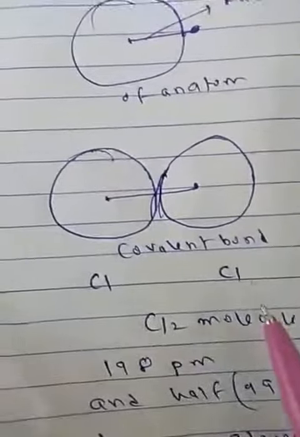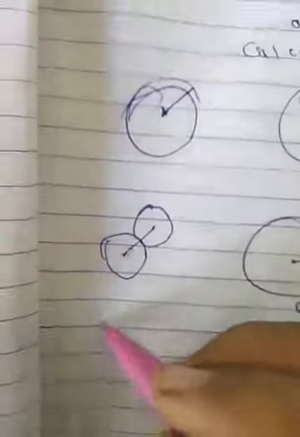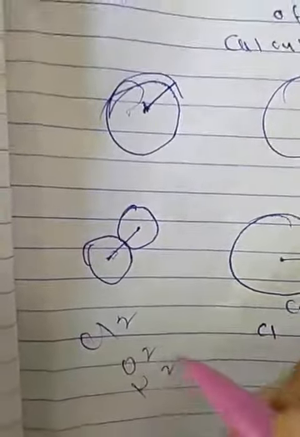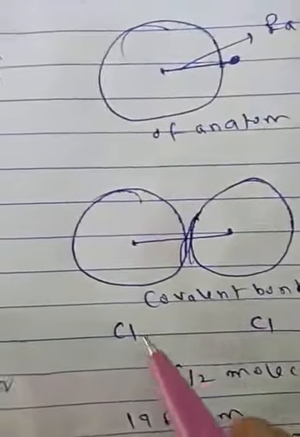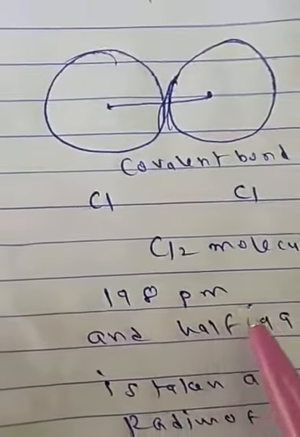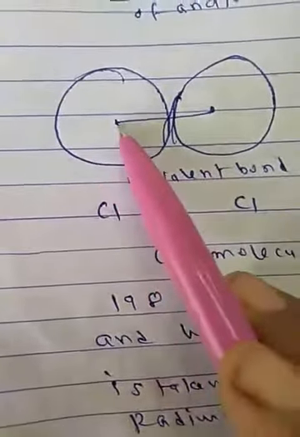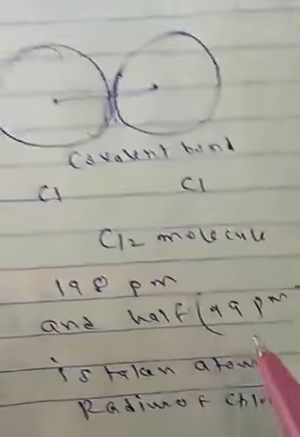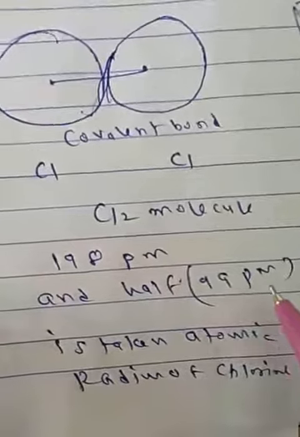I am explaining with chlorine. We do not write only Cl, O, N; we write Cl2, O2 and N2 like that. So Cl and Cl are joined by a covalent bond. In the Cl2 molecule, their distance is 198 pm. Half of this is called the radius of one atom, that is 99 pm, taken as the atomic radius of chlorine.